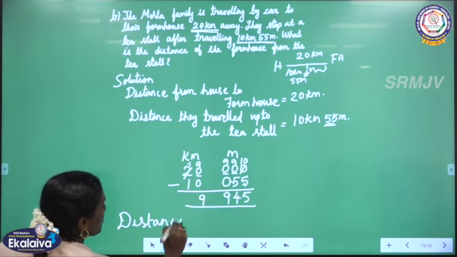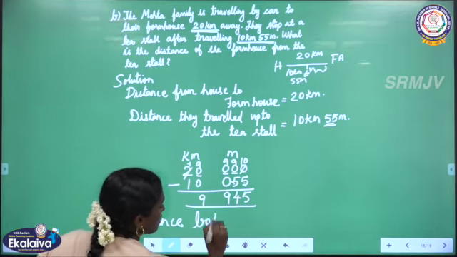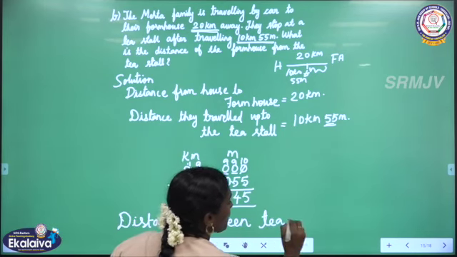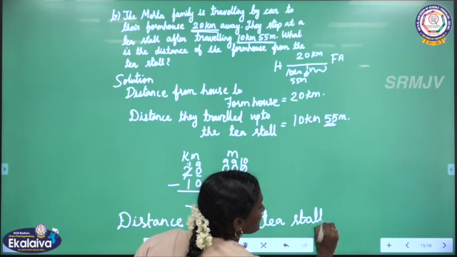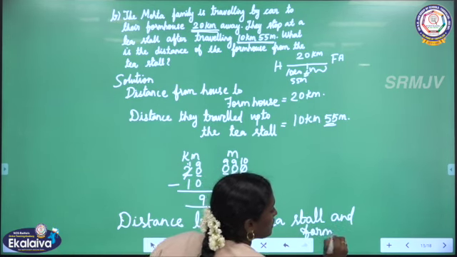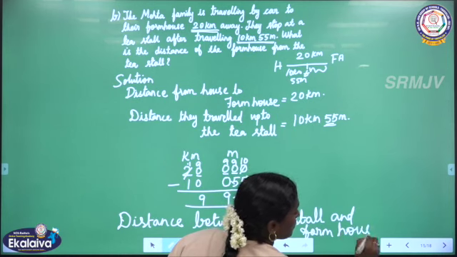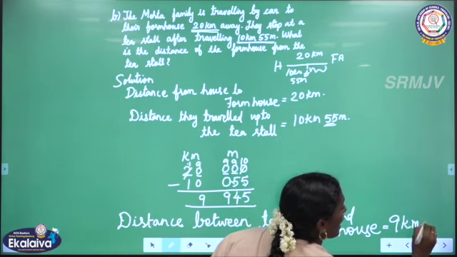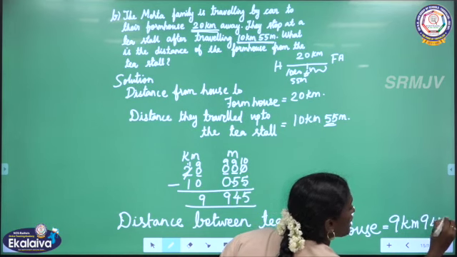Distance between tea stall and the farmhouse is 9 kilometer and 945 meter.